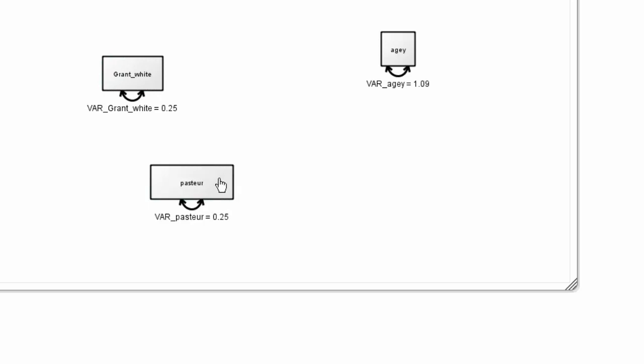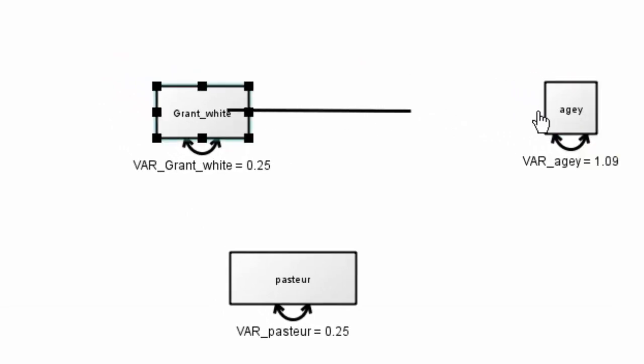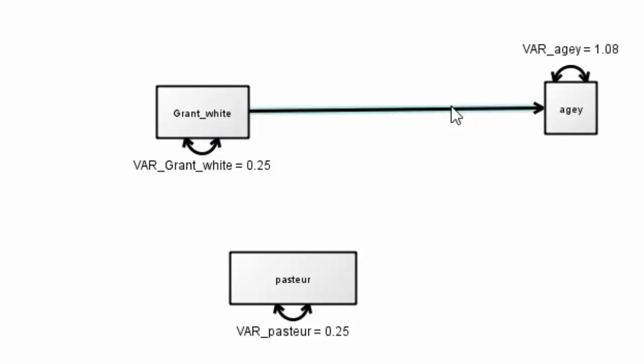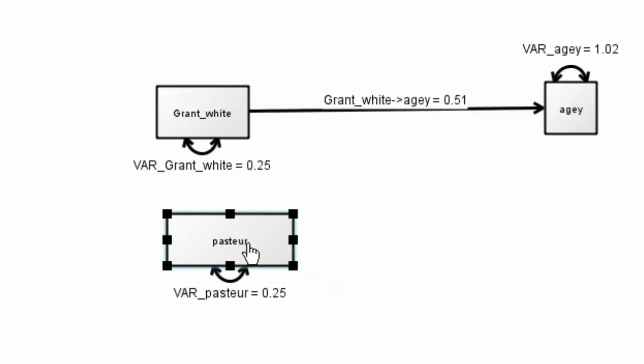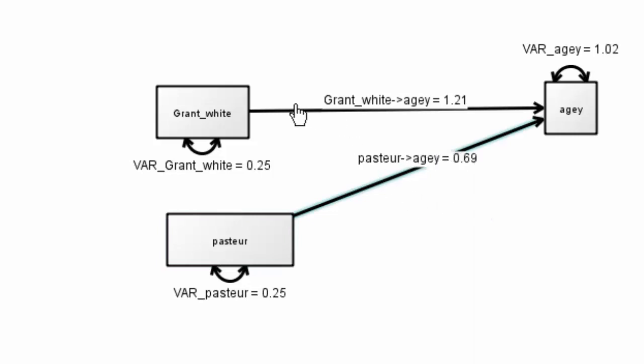And now what we want to do is regress each of these onto our outcome variable. So click on there, right mouse click and drag, and then we say free parameter. Similarly, click on there, drag and say free parameter. So now we have two indicator predictors for this one output.